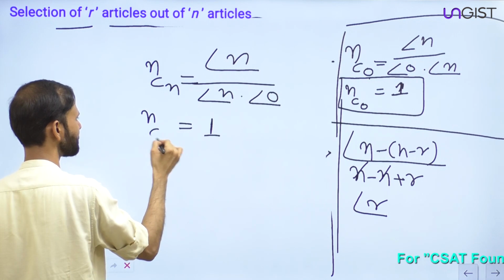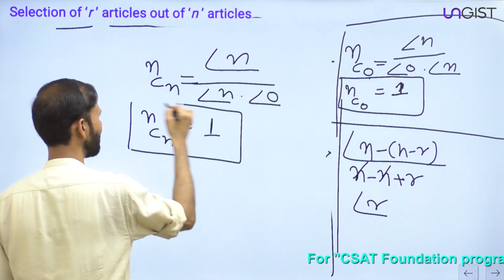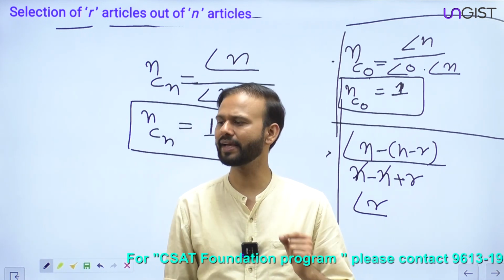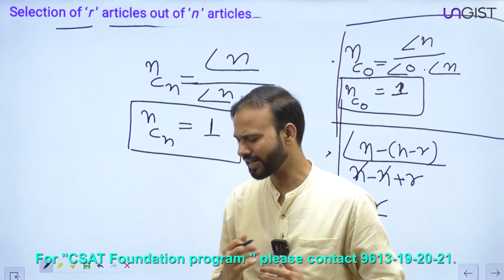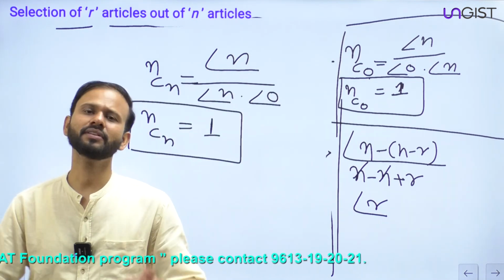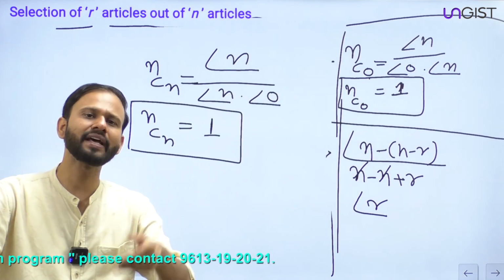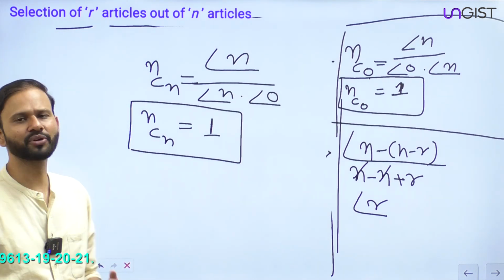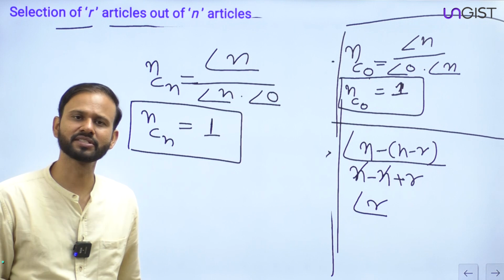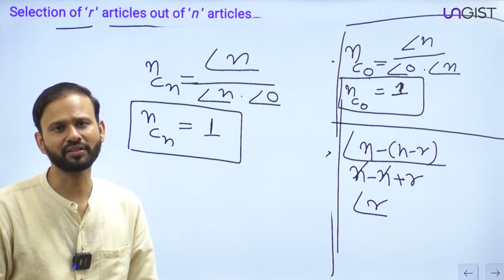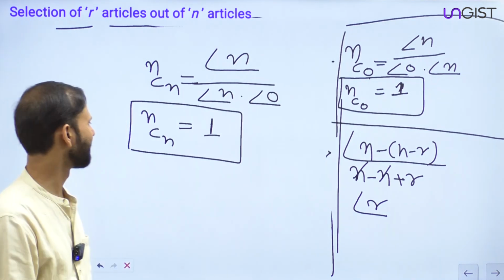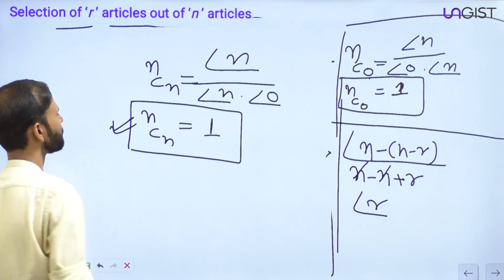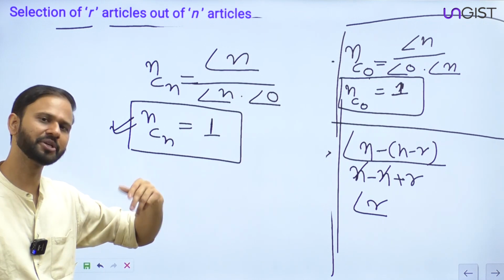So NCN is also always 1. So NC0 is 1 and NCN is also 1. And you know what? NCN is the selection of n articles out of n articles. So obviously that is 1, because you have to give 4 alphabets to me and you have only 4 alphabets. So selection of n articles out of n articles can be done in only one way.